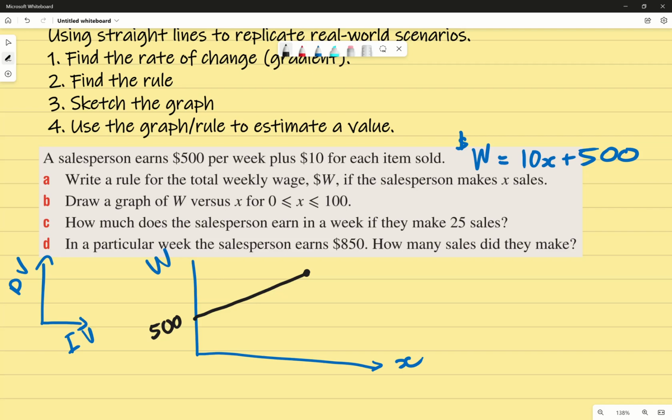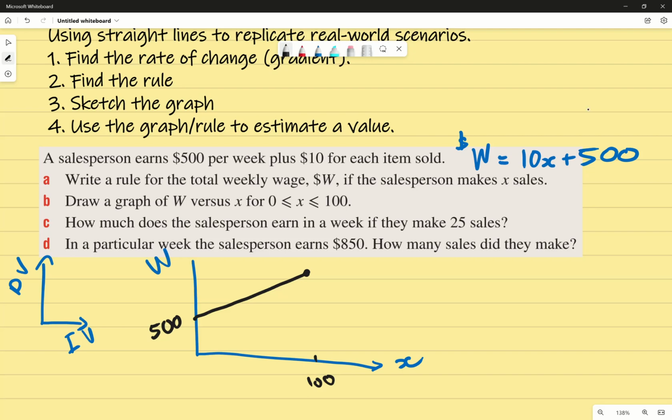I know what W is when X is 0. When this person sells nothing, they get a wage of 500. At 100, and this is important that we include what we call an end point, which is just the point at the end, I need to substitute 100 into my equation in order to find what their wage is after selling 100 items.